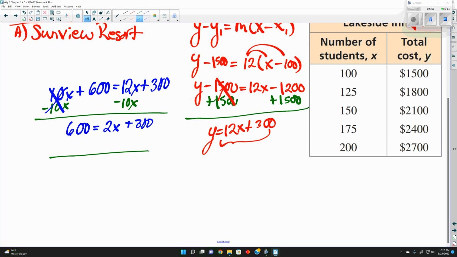Now what can we do next? We can subtract 300. $600 minus 300 is 300, and last but not least, we would divide by 2, so x is 150.